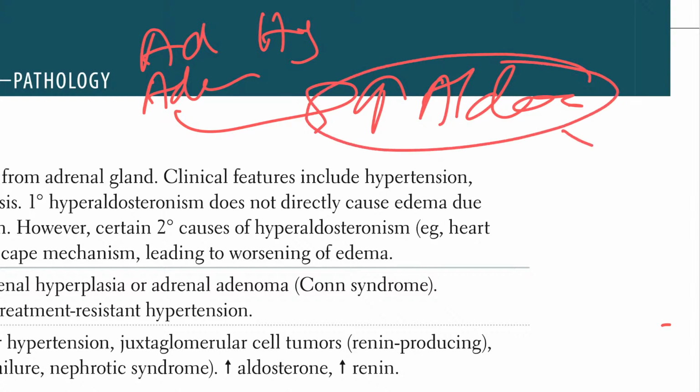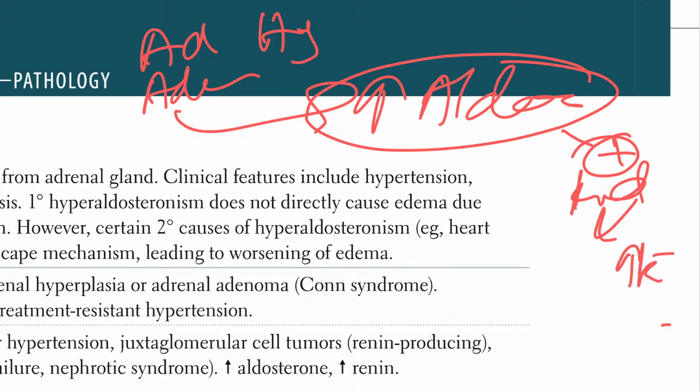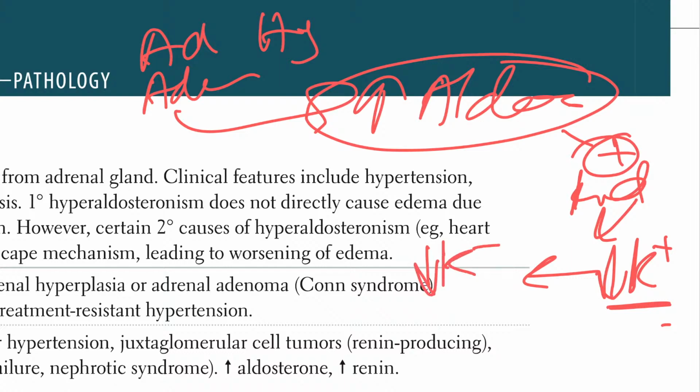That aldosterone goes to the kidney, stimulates the kidney, right? To do what? To do a couple things. Not increase, my bad, it's going to decrease potassium reabsorption, which essentially means throwing out that potassium, which leads to, in blood, what you are going to see is called hypokalemia, low potassium.